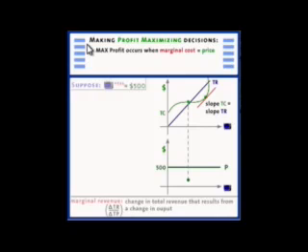And I can call this point Y star, just like I did before. Over here is another point where the slope of the total cost curve is equal to the slope of the total revenue curve. And this point before I called it Y dagger. Y dagger is another point where marginal cost is equal to price.